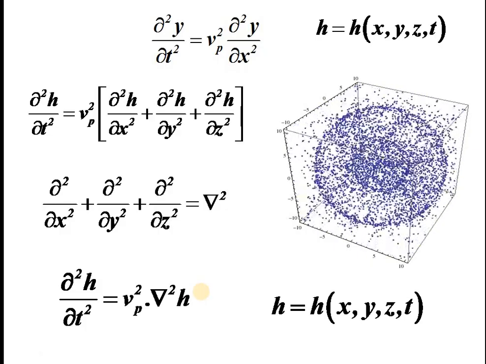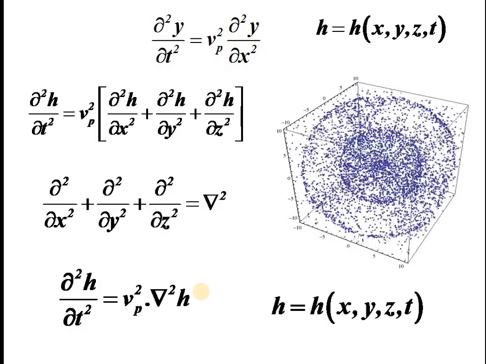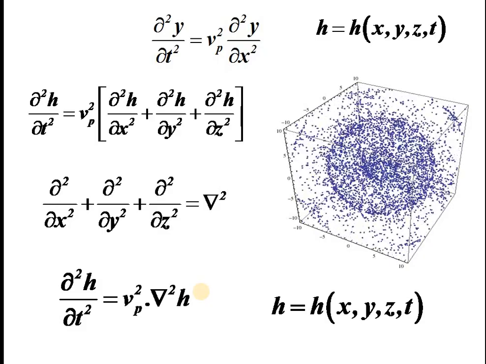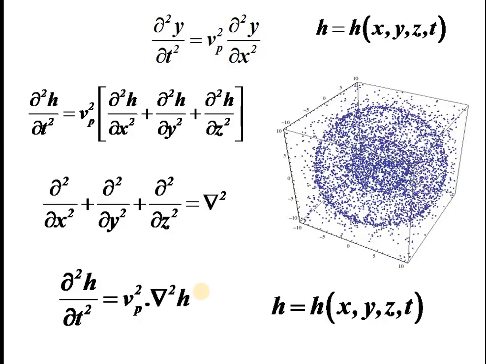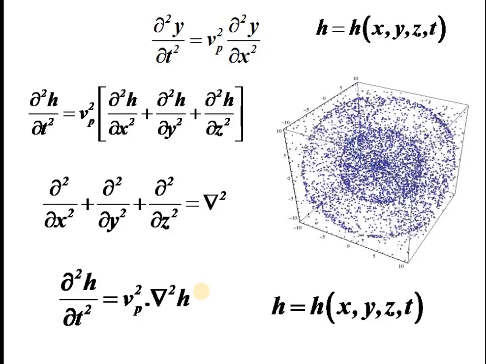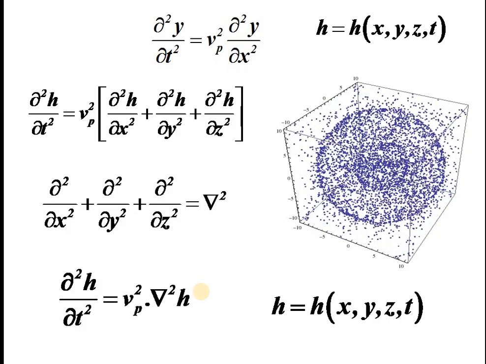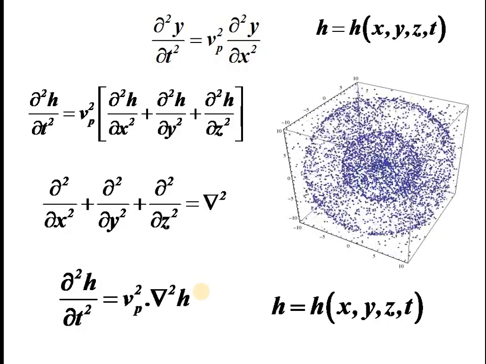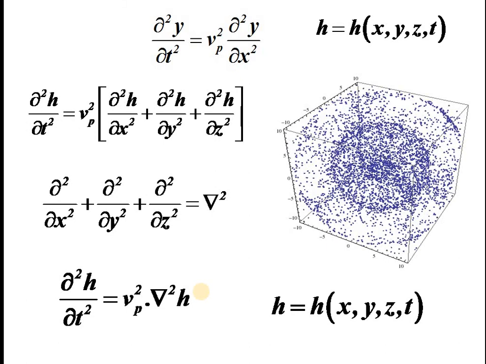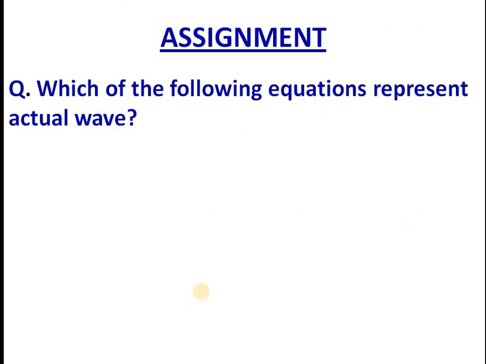So this way you can narrate the differential equation of a one-dimensional wave, two-dimensional wave, or three-dimensional wave. Understand? Also, this is a beautiful mathematical illustration of any sort of wave. Okay, so here is a question for you to do now.